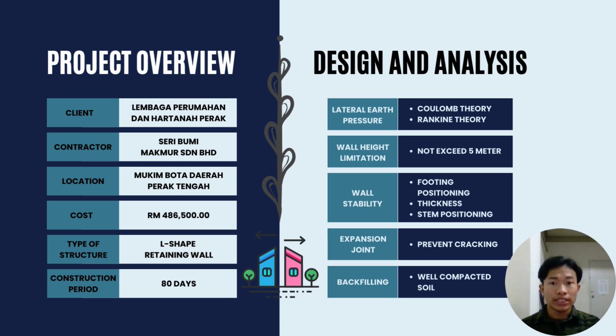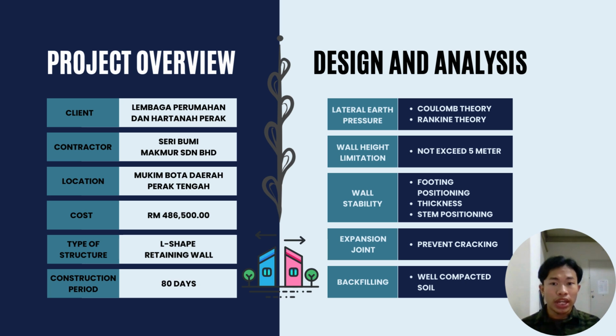One of the key design considerations is limiting the wall height to a maximum of 5 meters. For stability, the contractor positioned the footings near the ends rather than in the middle and ensured the toe was at least 0.3 meters thick. Proper stem positioning at the footing edge was also crucial.